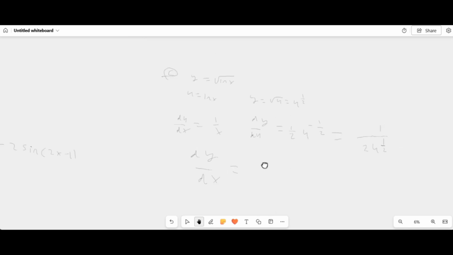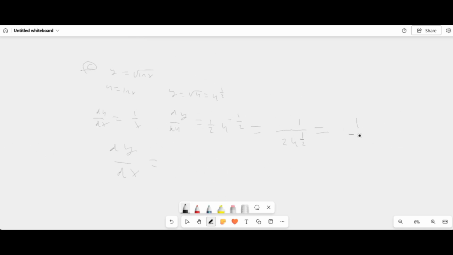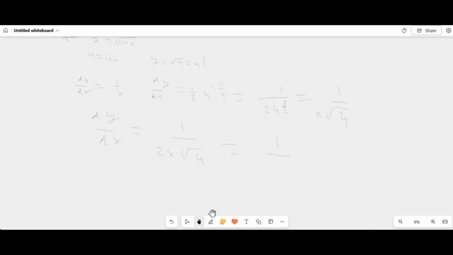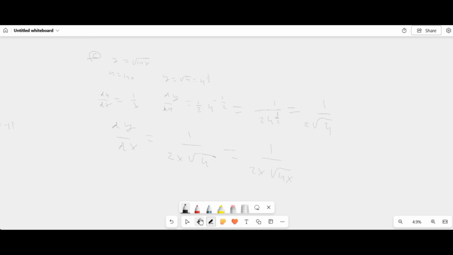And then u to the power of a half is root u, so that's 1 over 2 root u. So because of that, that times 1 over x is just going to be 1 over 2x root u, nice and easy. And obviously u is equal to ln x here, so it's just 1 over 2x root ln x. Simple thing.